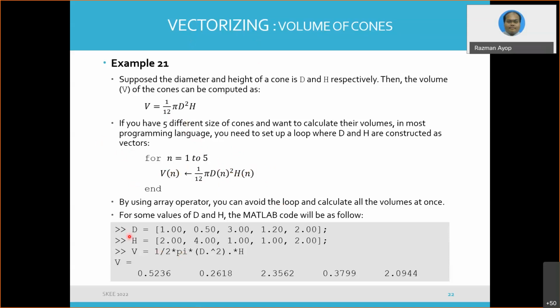So for example, here you have d equals this one, and then h equals this one. So basically you have two parameters. You want to find the volume if the diameter is 1 and height is 2, and then you want to find the volume of the cone for diameter 0.5 and height 4.